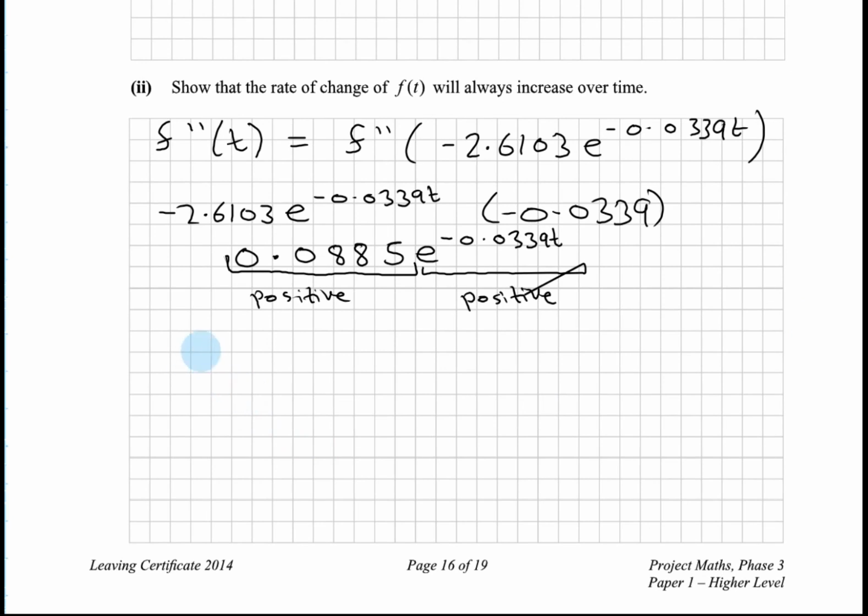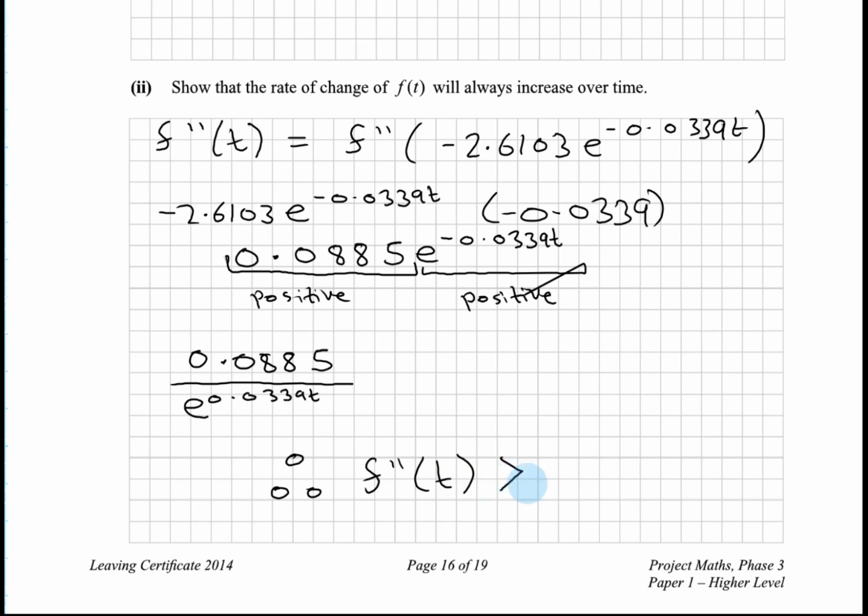We can change it to 0.0885 divided by e to the power 0.0339 t. And then we can just say, therefore, f double dash t is greater than 0 for all t.